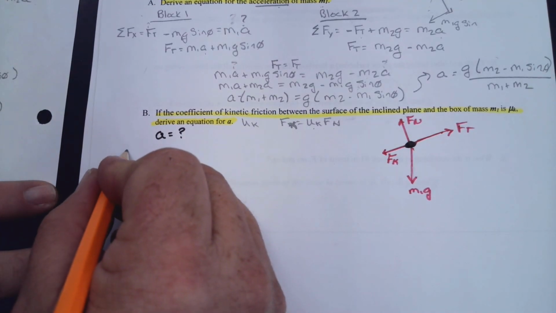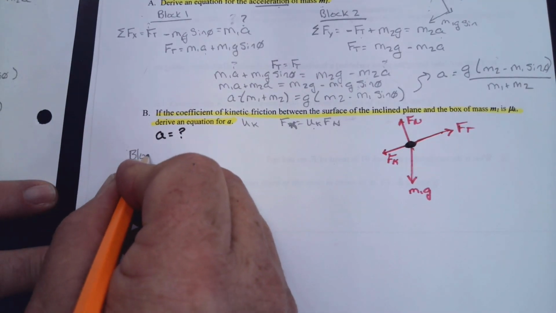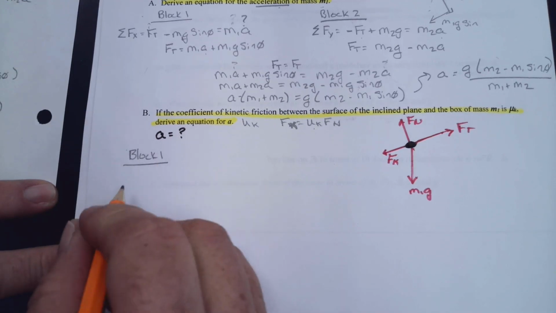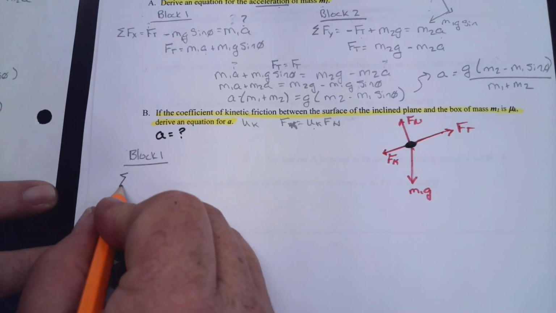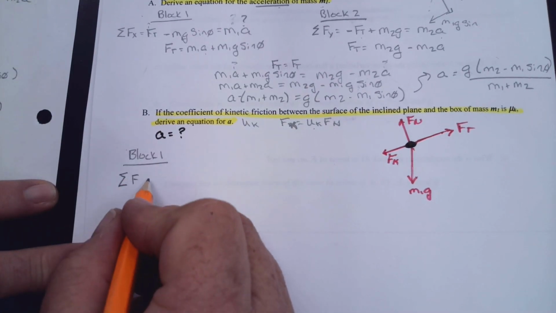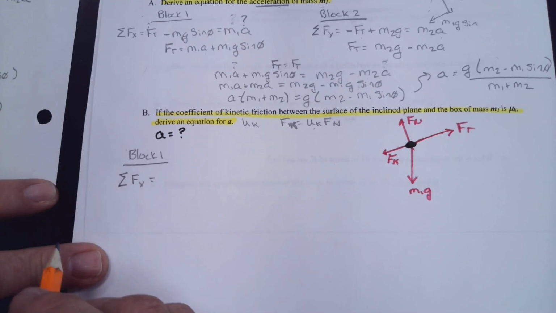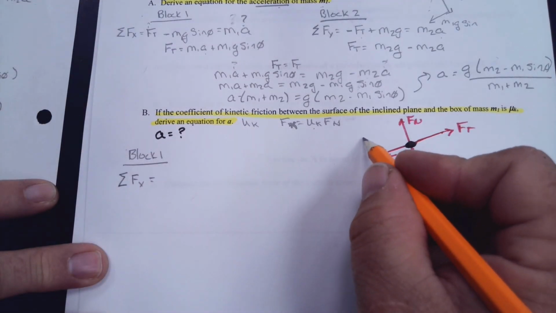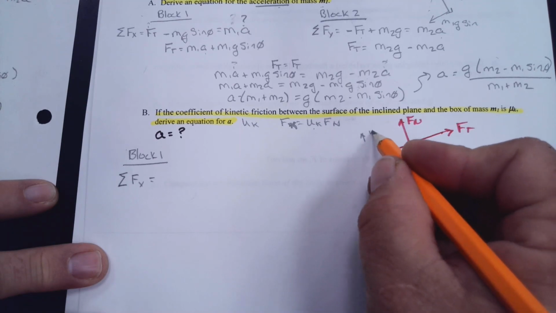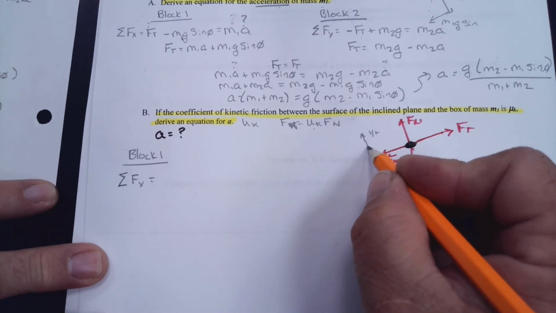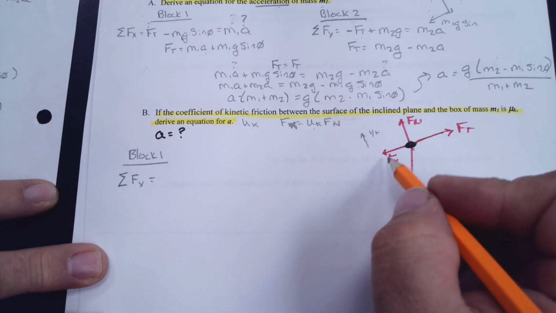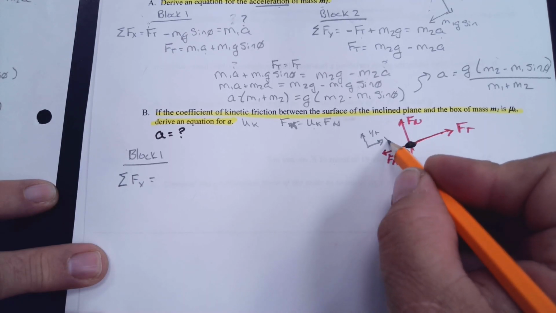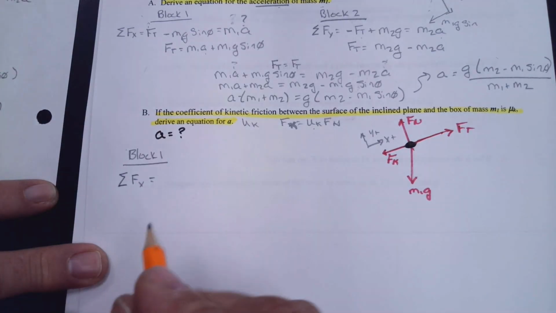So let's go back to block 1 and let's sum the forces in the x direction. And again, y going up is positive, and we decided we're going clockwise. So x is positive going that way.